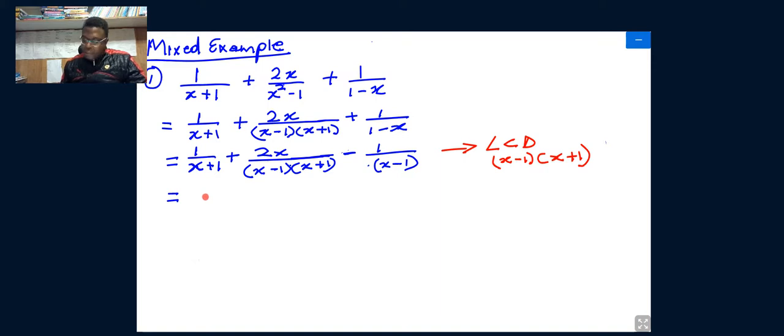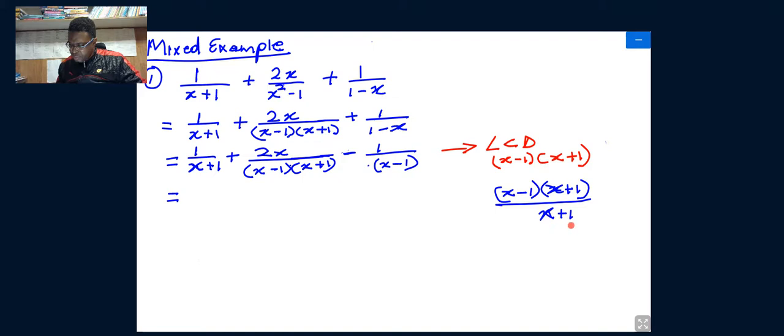So when we multiply, on the first term here, we take x minus 1, x plus 1. We divide by x plus 1. All right.